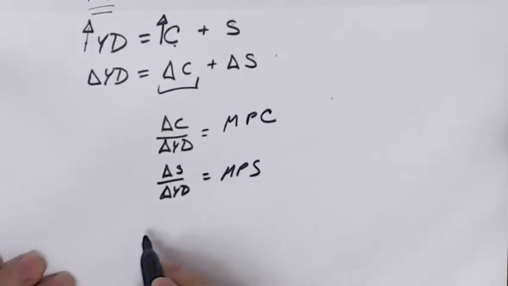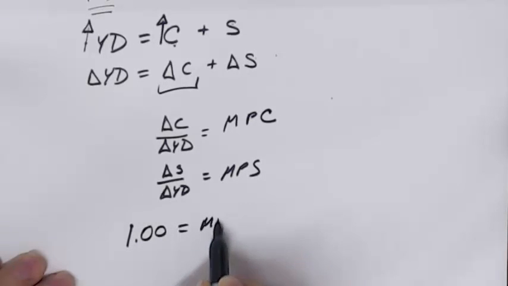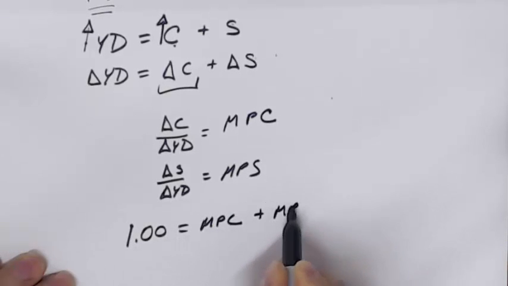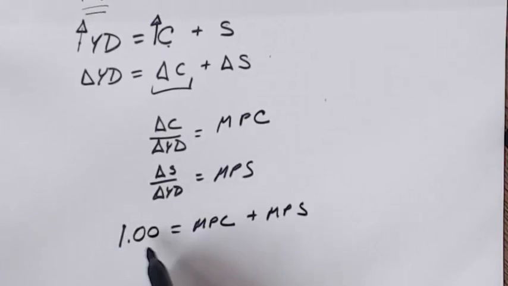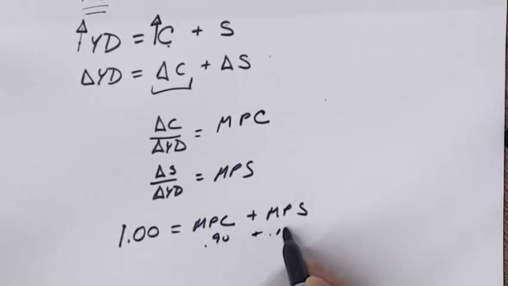On a per dollar basis, the marginal propensity to consume plus the marginal propensity to save has to equal 1. So if you earn $1 in disposable income and you spend, say, 90 cents of it, then you have to save 10 cents. So it adds up to 1.